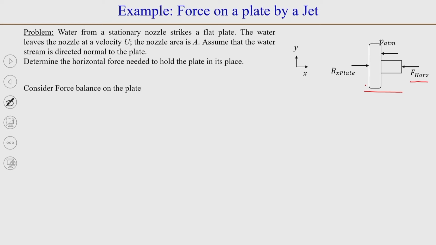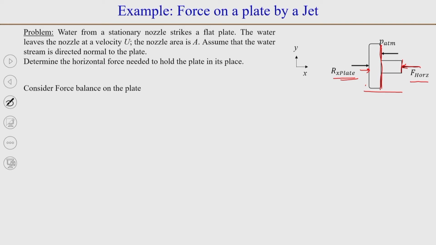Now, if we look at the plate, there will be an equal and opposite reaction force on the plate in the positive x direction. Then there will be a force due to atmospheric pressure on the entire plate surface area.